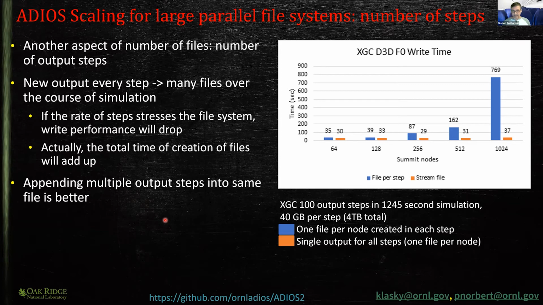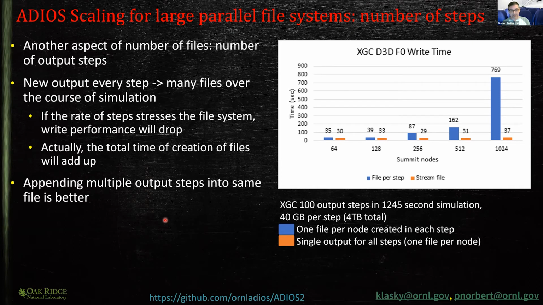And here is XGC, another fusion code test, where we pick this F0 data set that is important to the scientists. It's a stress test in the sense that they don't really need every single step, but let's turn it on and see what happens.